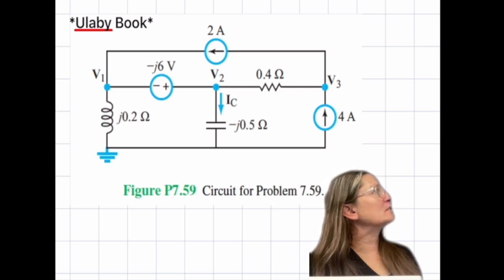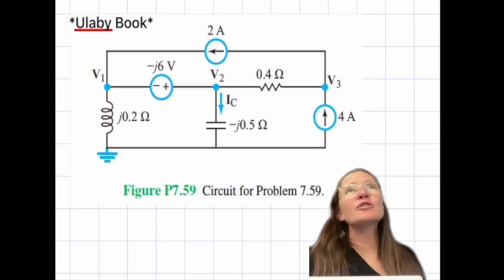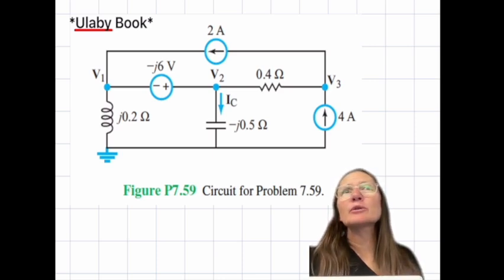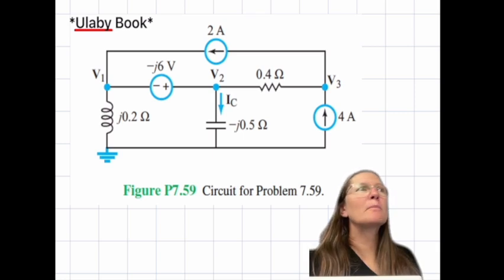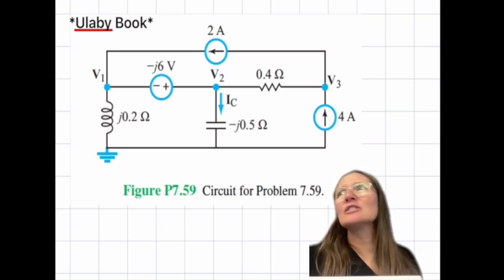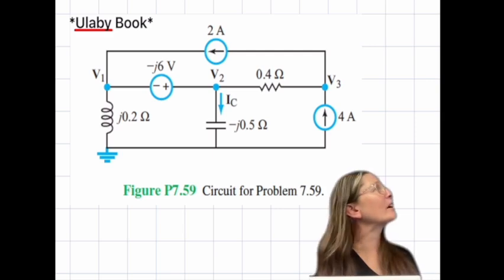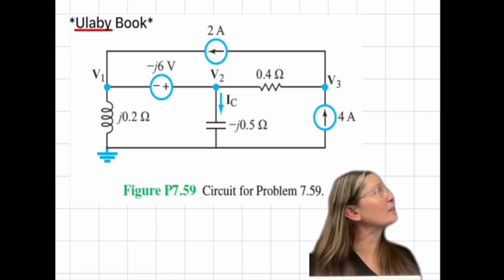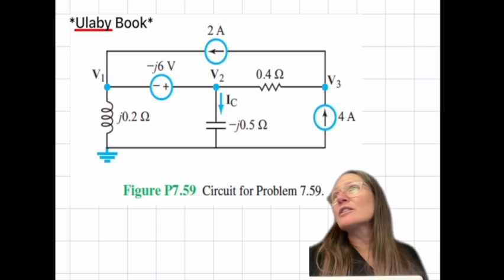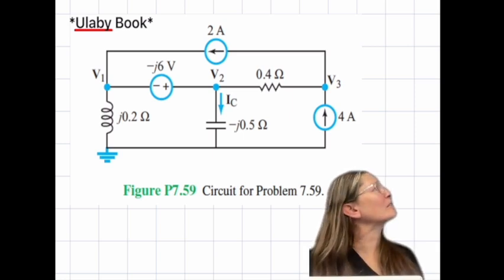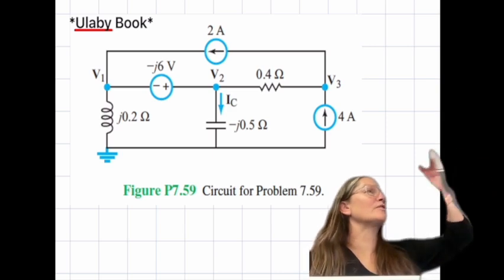So if it's 2 amps and it's already in the frequency domain, what does that tell you about the input signal? Not DC, but it doesn't have any shift to it. So we're assuming it still has an AC component, but it just doesn't have a DC shift or an AC shift in it.